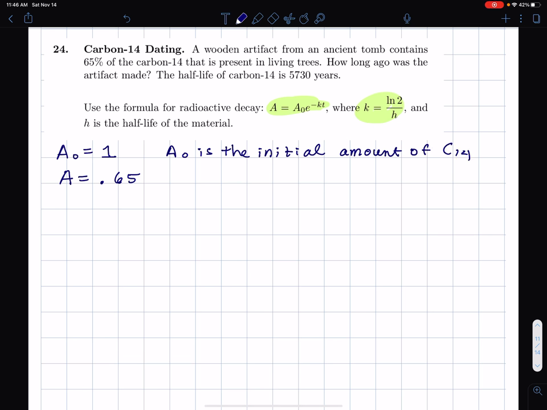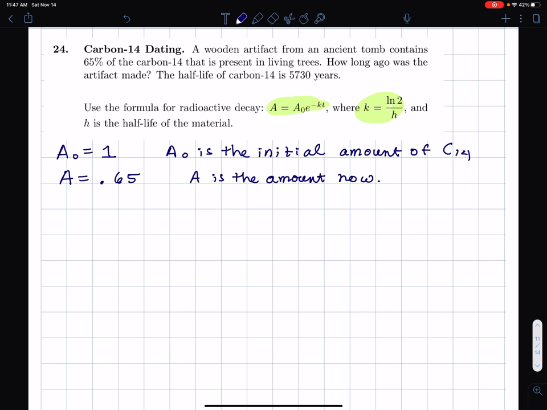If you look at this formula, A equals A0 e to the negative KT, if you put T equal to 0, then A will equal A0 e to the 0, and e to the 0 is 1. So you get A is A0 when T is 0. And then A is the amount now. So the initial amount was a long time ago, and A is the amount now.